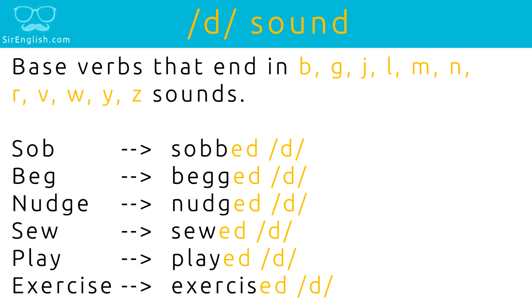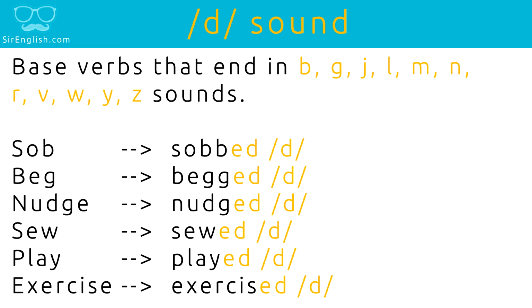These are just a few examples I'll show you now. So sob ends in b, so it becomes sobbed. Beg, begged. Nudge, nudged. Now the dge ending represents the j sound, nudge, nudged.